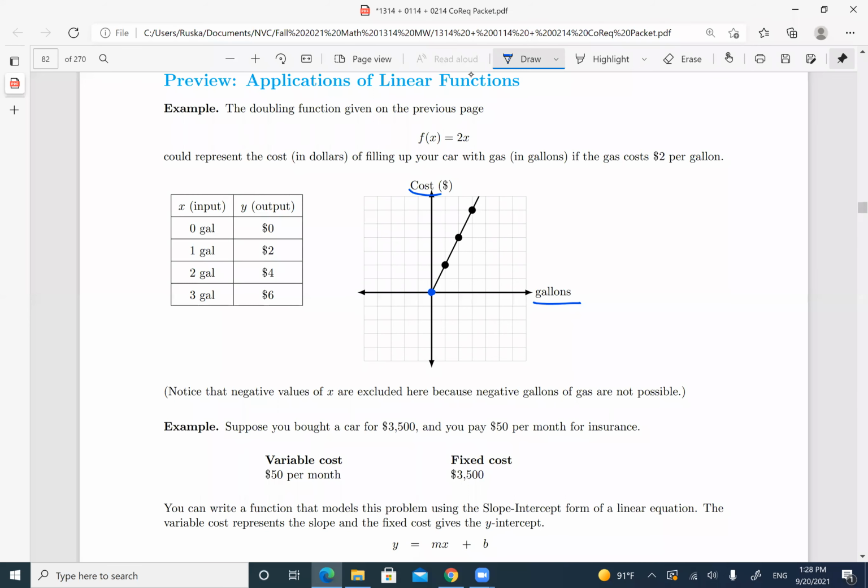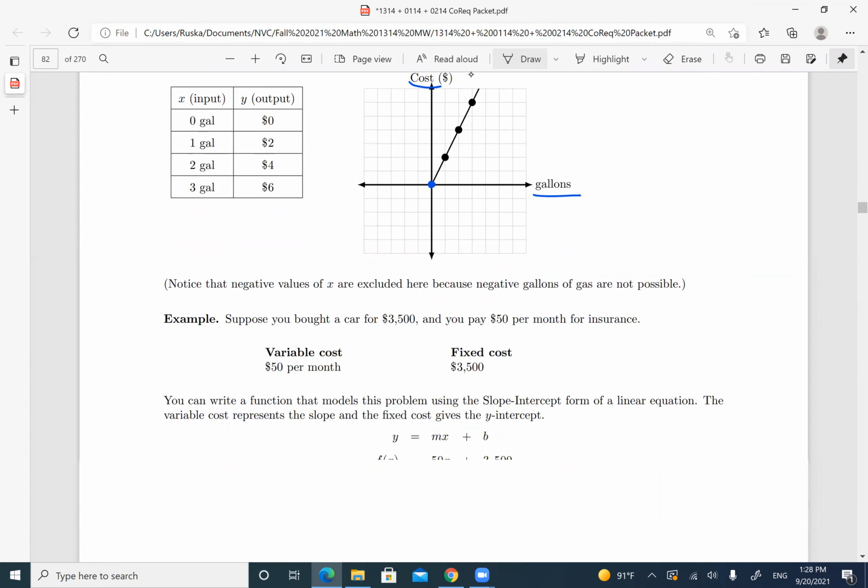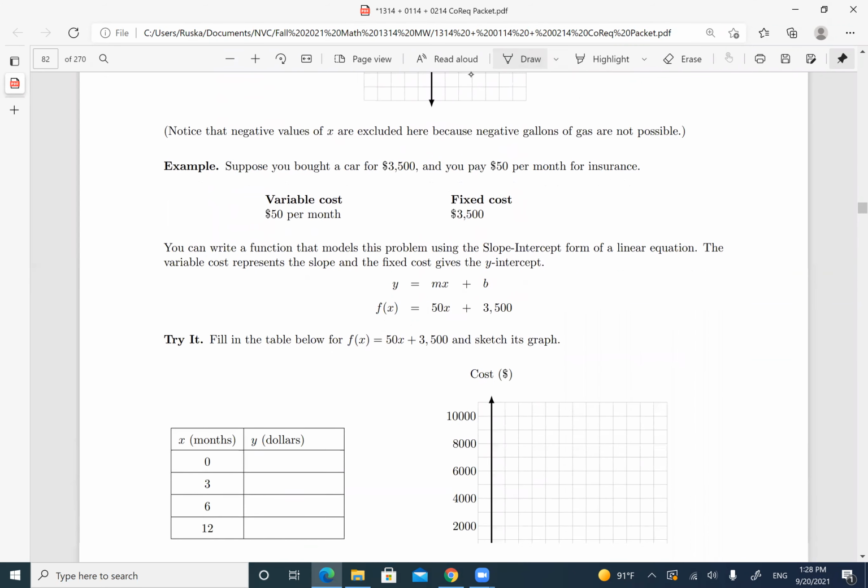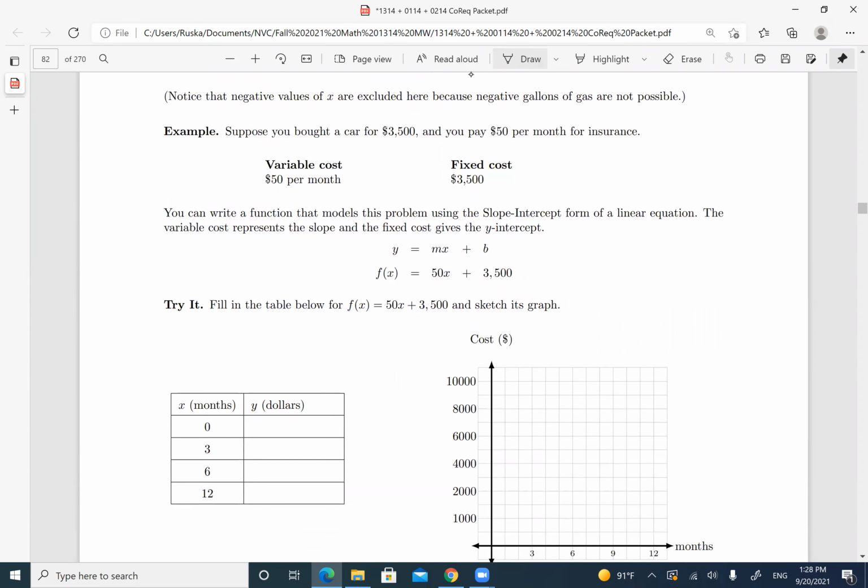Make sense? So here you have another example. Suppose you bought a car for $3,500 and you pay $50 per month for insurance. We have the variable cost, which is per month. It's the variable, and fixed is what you pay only once.